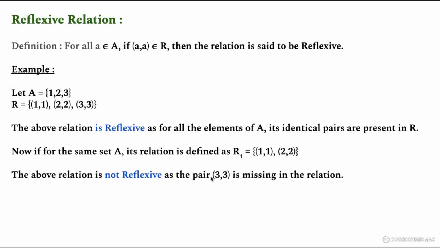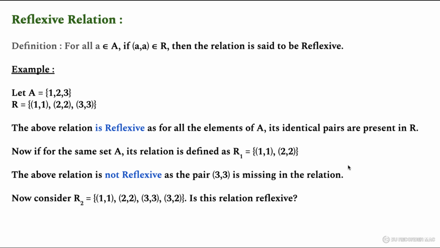Why? Because the pair (3, 3) is missing in the relation. The rule is that for every element of A, that is 1, 2 and 3, there should be an identical pair present in the relation. But in this case we have (1, 1), we have (2, 2), but (3, 3) is missing, and hence this relation is not reflexive.